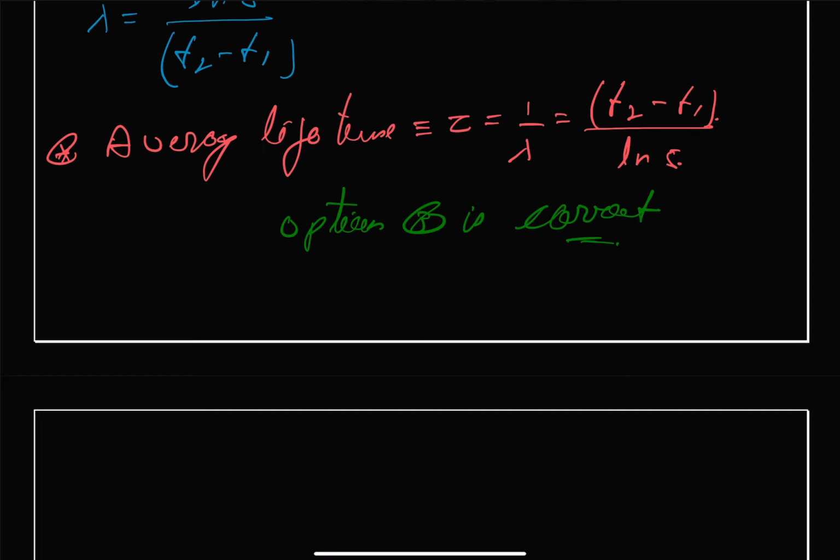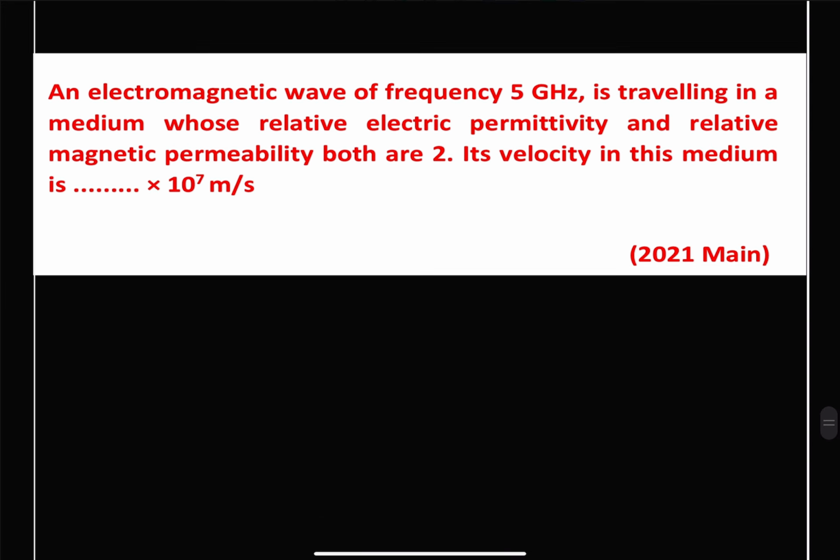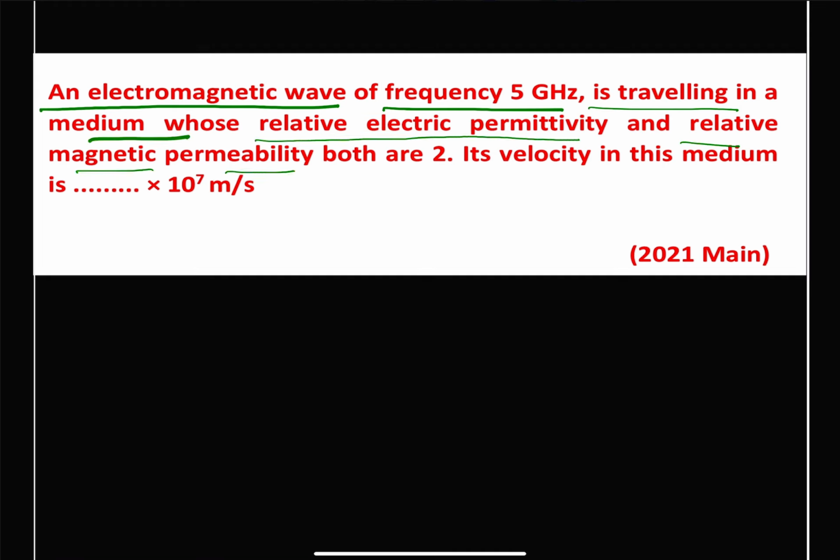Next question. It states that an EM wave of frequency 5 GHz is traveling in a medium whose relative electric permittivity and relative magnetic permeability both are 2. Its velocity in this medium is. Okay.